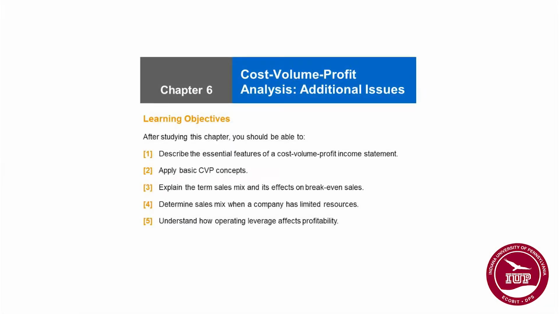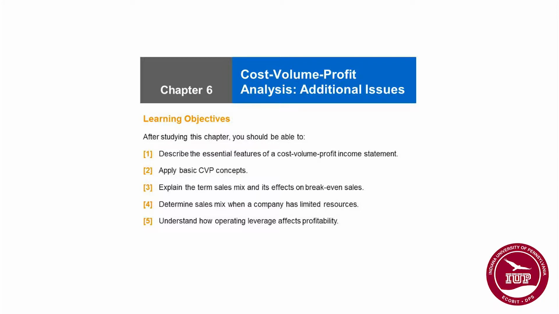Today, we will be talking about cost volume profit analysis. We have already covered the basic concepts of cost volume profit analysis earlier, but we will go over the definitions once again. In addition, up till now, we have learned about break-even point for a single product. In this chapter, we will go to multiple products.